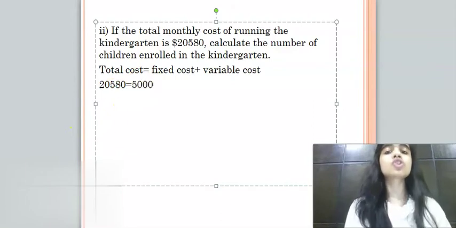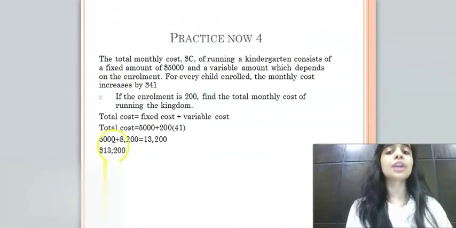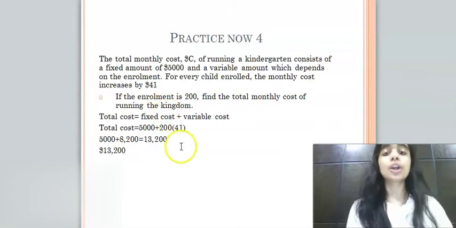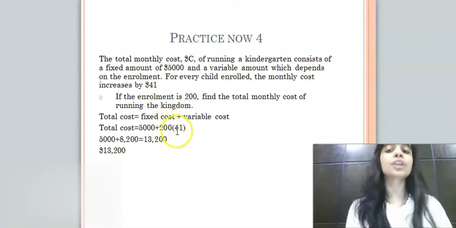Now what we don't know is our variable cost. Why? Because variable cost is made up of two things. For one child, the cost is $41. So for many children, the cost will increase with each child. So here, what I did was multiply the number of children with the cost.